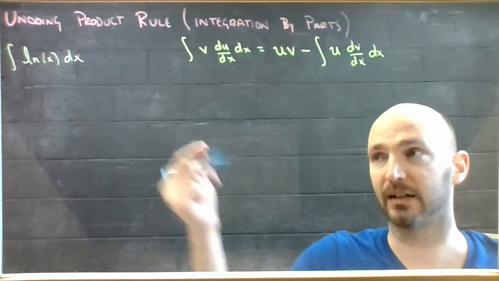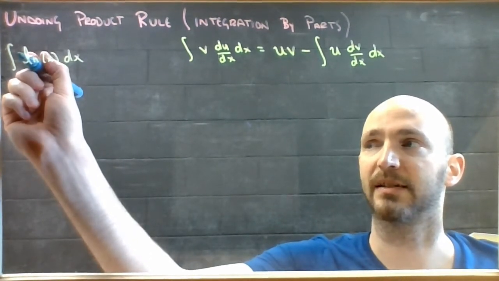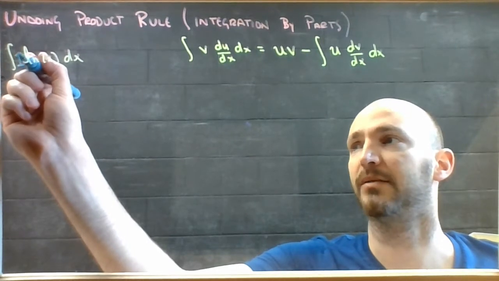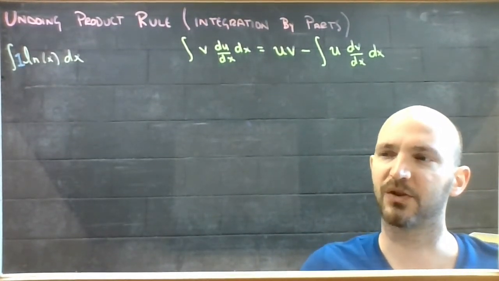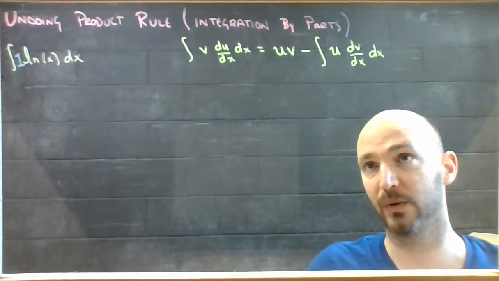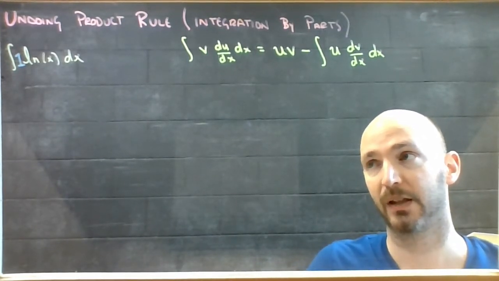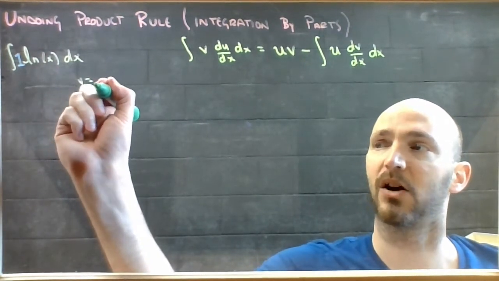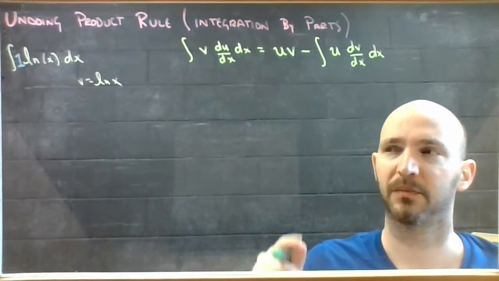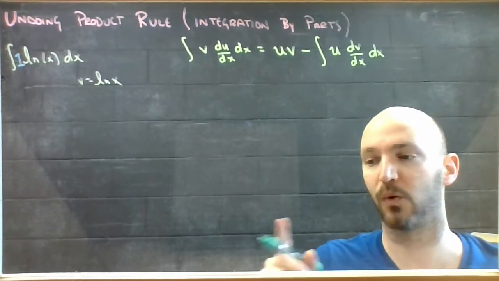The trick here is spotting that in front of this, there's a little number 1. So the choice I'm going to make for my u and my v values is I'm going to make v the ln x. Because if I take its derivative, it won't be a ln anymore.